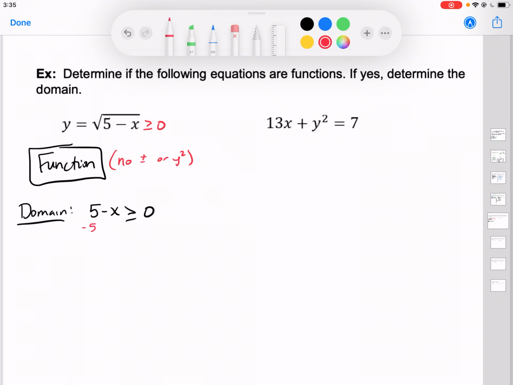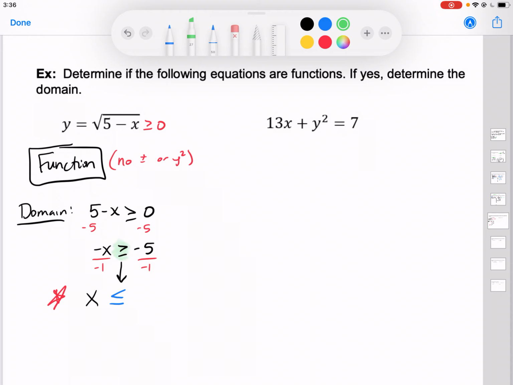So one way we can solve this is subtract 5 from both sides, because we're treating that like an equal sign. And then divide by negative 1. Now, warning, when you divide or multiply by a negative number and there is an inequality, you have to also switch the direction of that inequality.